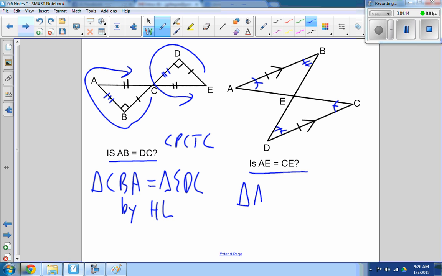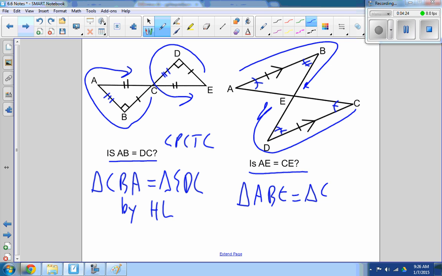So triangle ABE is congruent to triangle, so ABE, look at the way I'm going, CDE by angle side angle. So I've proved the triangles are congruent. Is AE congruent to CE? Well, look, AE, CE, so yes, they are congruent.